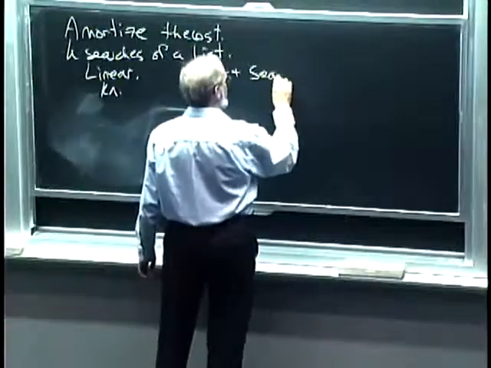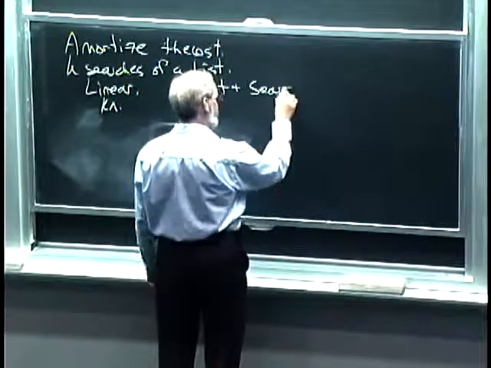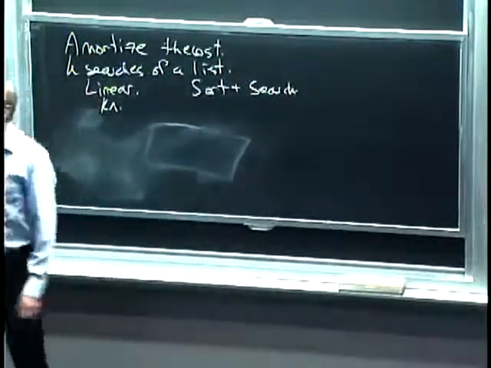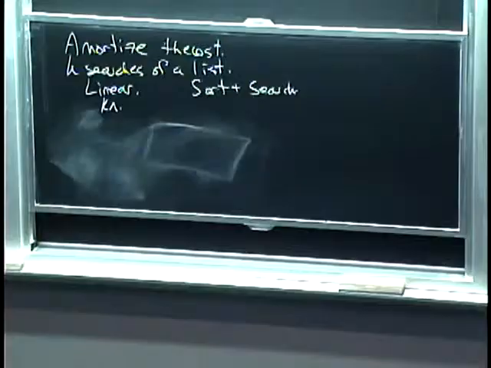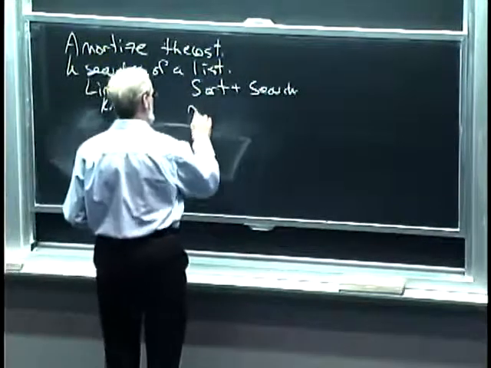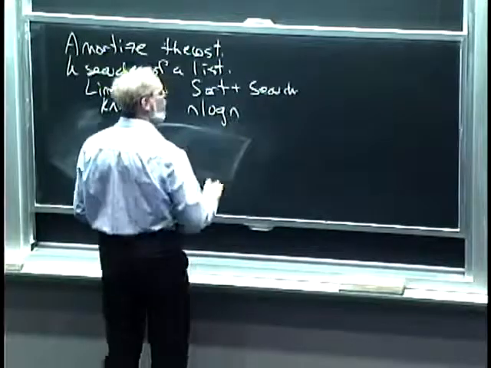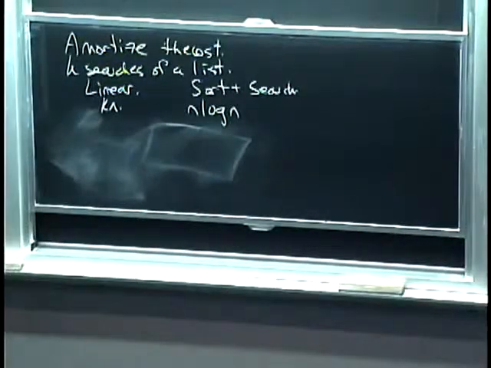In the sort and search case, what's my cost? I have to sort it. And we said, and we'll come back to that next time, that I can do the sort in n log n. And then what's the search in this case? Well, it's log n to do one search.